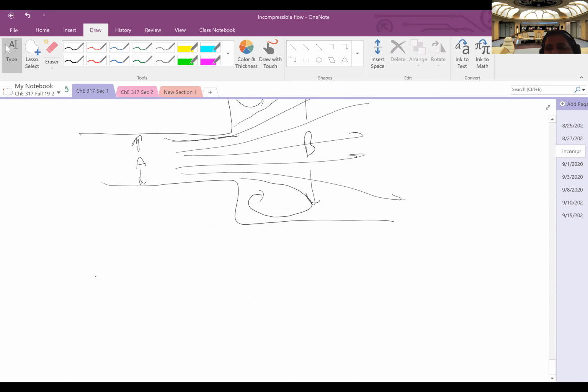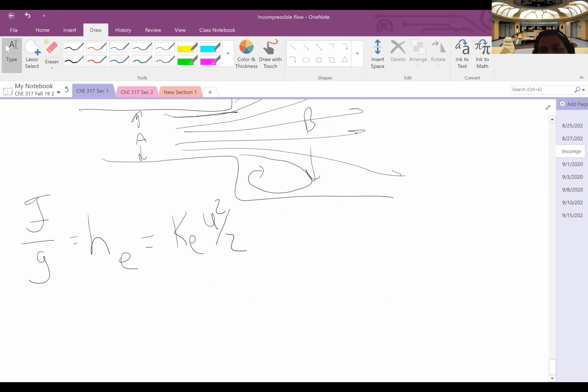And we can quantify this energy loss through a correlation that looks like this, where our energy loss due to expansion, which I'm going to say H of E, which is going to drive you crazy, but it's quantified using head terms, as K_E U squared over 2, where our expansion coefficient is going to be 1 minus the area of A over the area of B, squared.